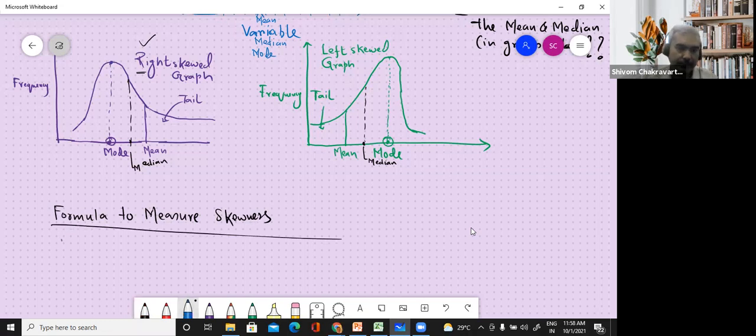So the first one is the basic moments formula. Now pay attention. It looks somewhat like this. It basically originates from this basic form.